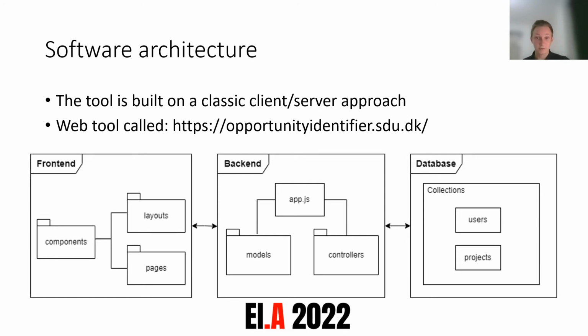Just to go quickly over the architecture, we have the front end, back end, and then the database, where the communication from the front end to the back end is established through a tool called Axios, which is an HTTP client for JavaScript, providing the ability to make HTTP requests from the application running in the user's browser. I will not get further into details for the software architecture.